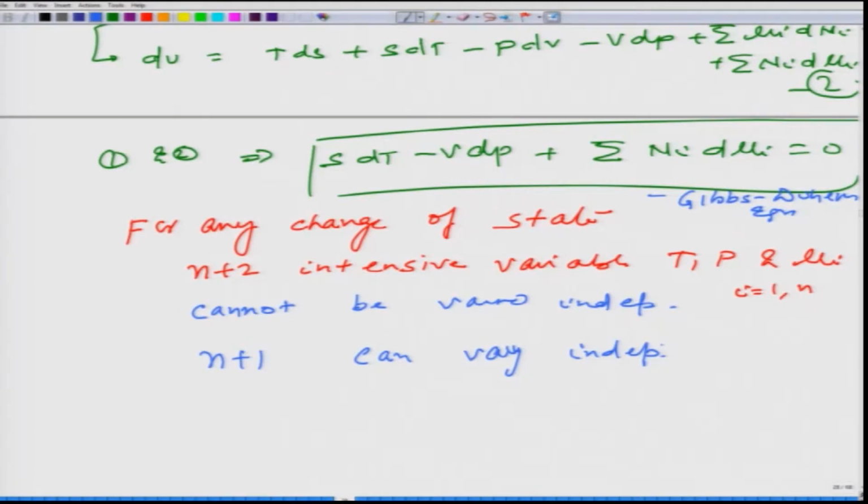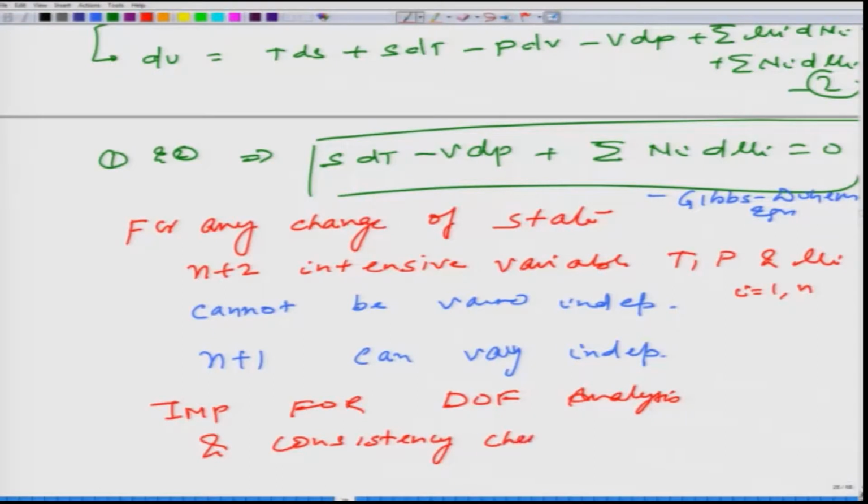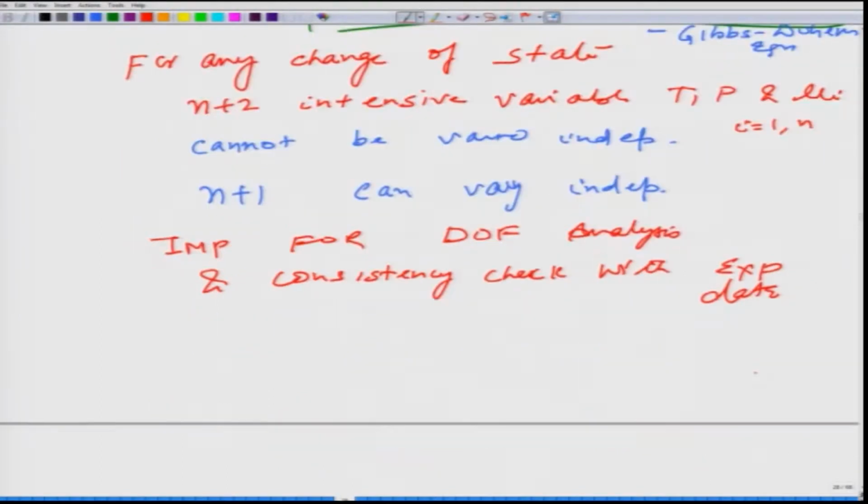Okay. Now, this expression is important for degree of freedom analysis and consistency check with experimental data.